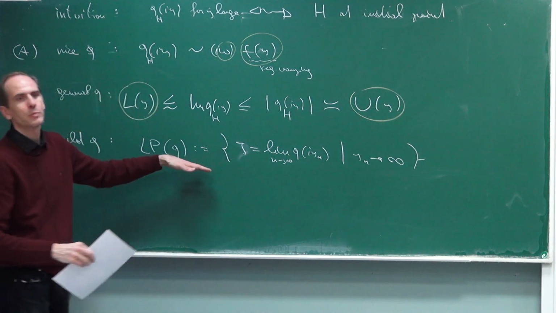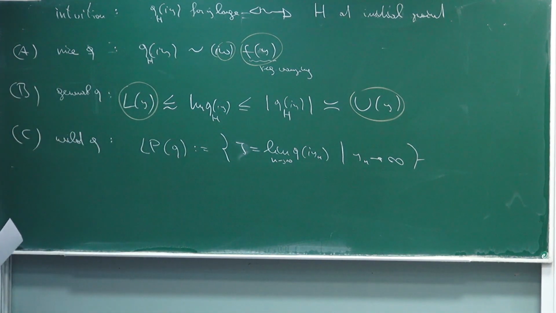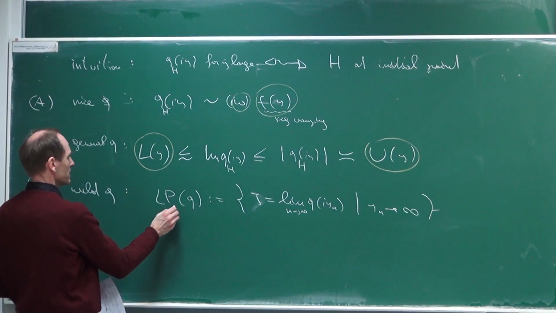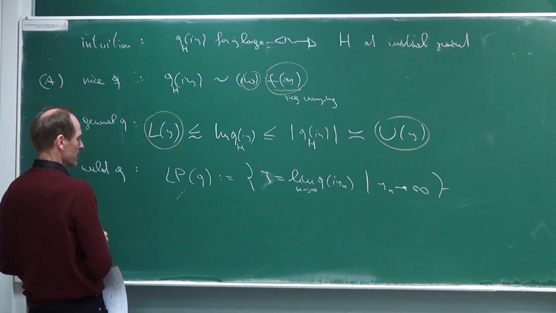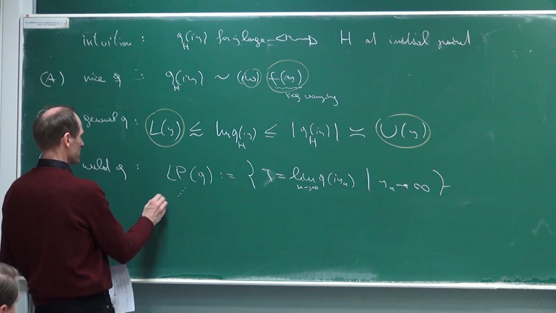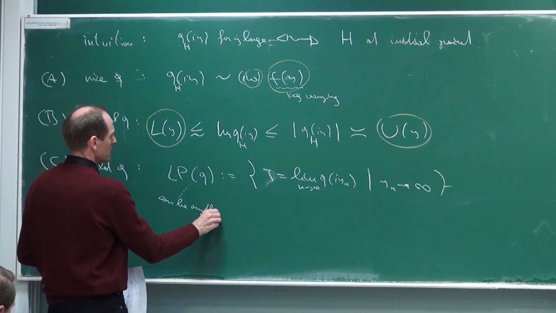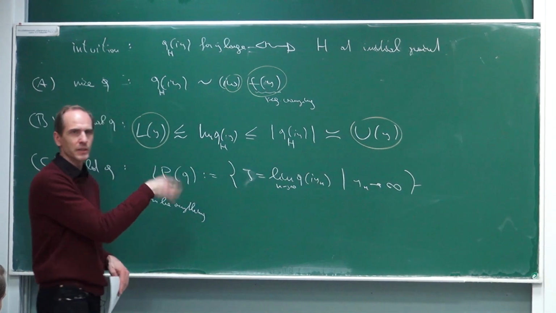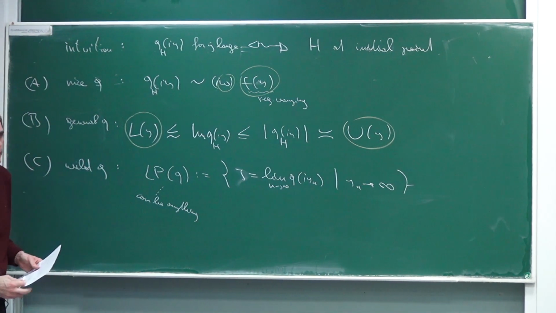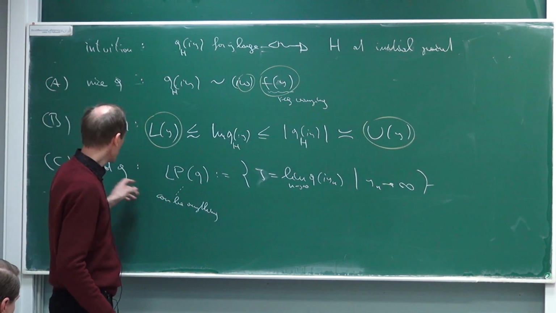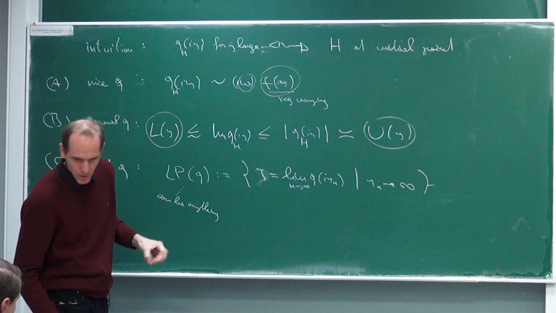The third theorem says that these can be more or less arbitrary, subject to the trivial necessary conditions, but morally it can be anything. So as I said, it's a range of examples.